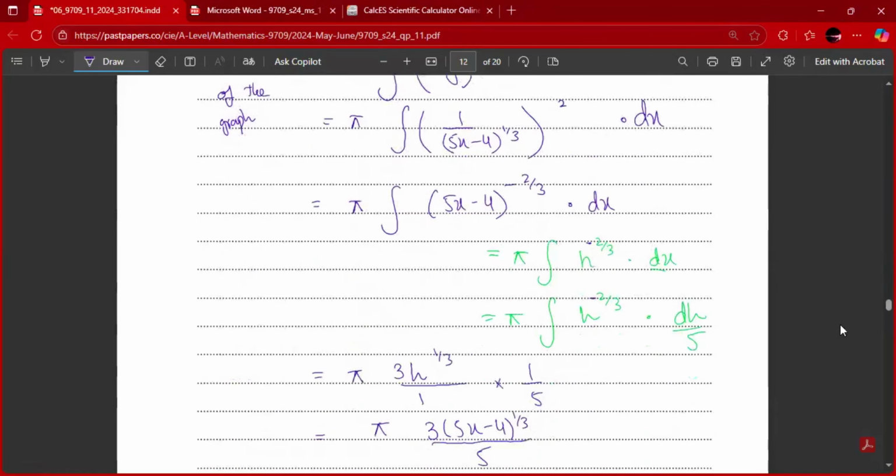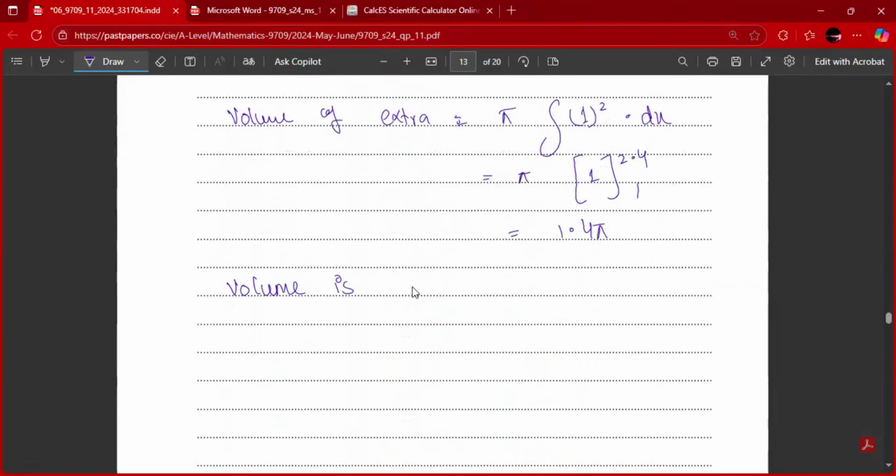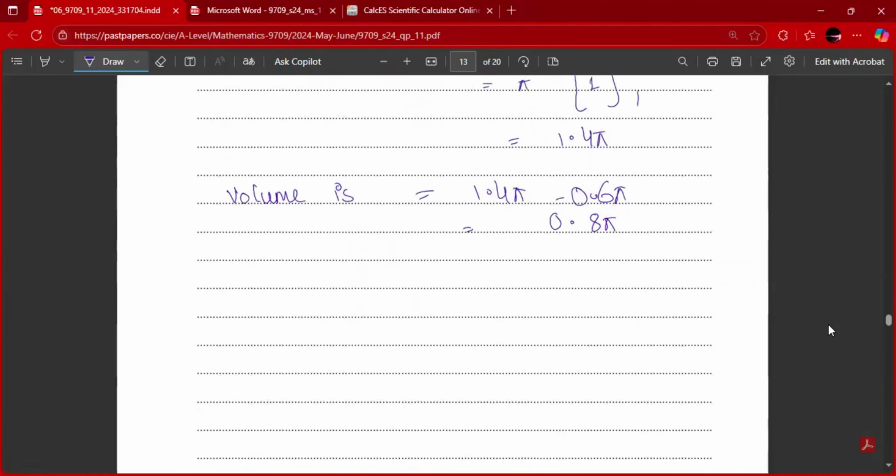Yes, I think I need to subtract. 1.4 pi minus 0.6 pi is equal to 0.8 pi. I think that's the answer.